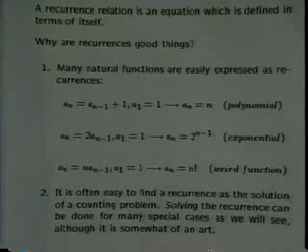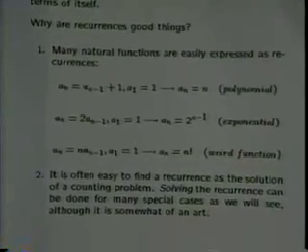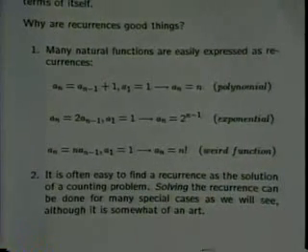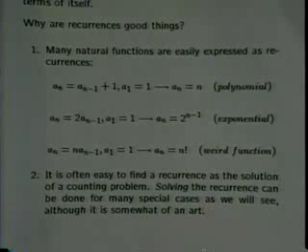Okay? So the first reason why we like these things is because they describe a lot of functions. The second reason is that it is often very, very easy to find a recurrence relation to count something. In this class, we're mostly going to be interested in counting running times, and by counting running times, what we're talking about is counting the number of steps, the time complexity of something.